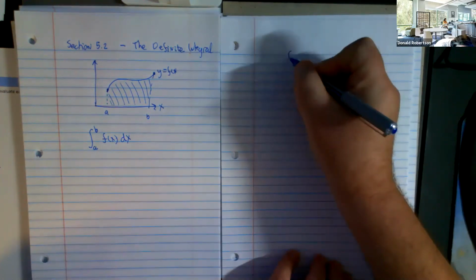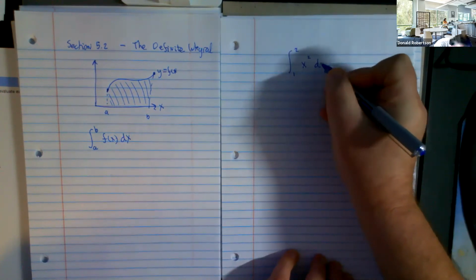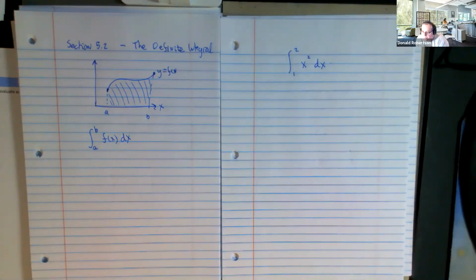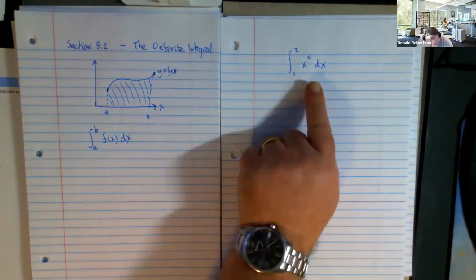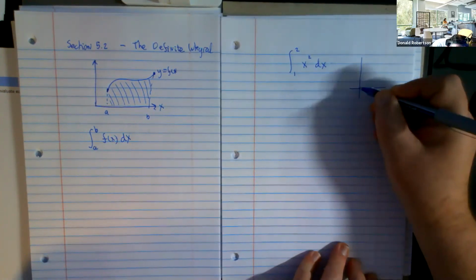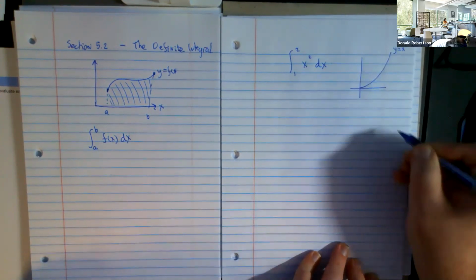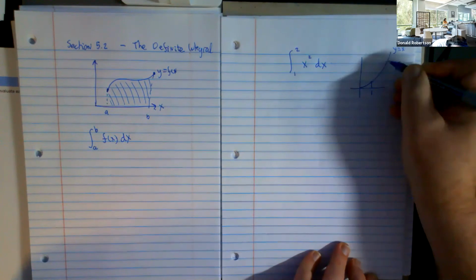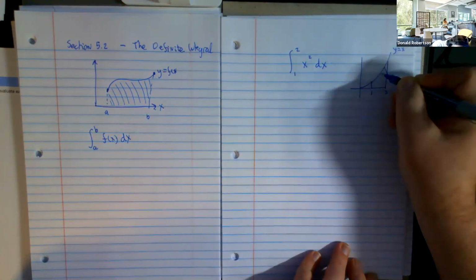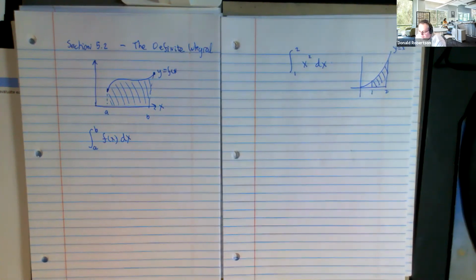So for instance, if I went and said to you, I'm looking for that. Looking at that, can you see that you're looking at the curve y equals x squared? You're starting at 1 and you're finishing at 2. So what you're being asked to find here is that area under the curve.